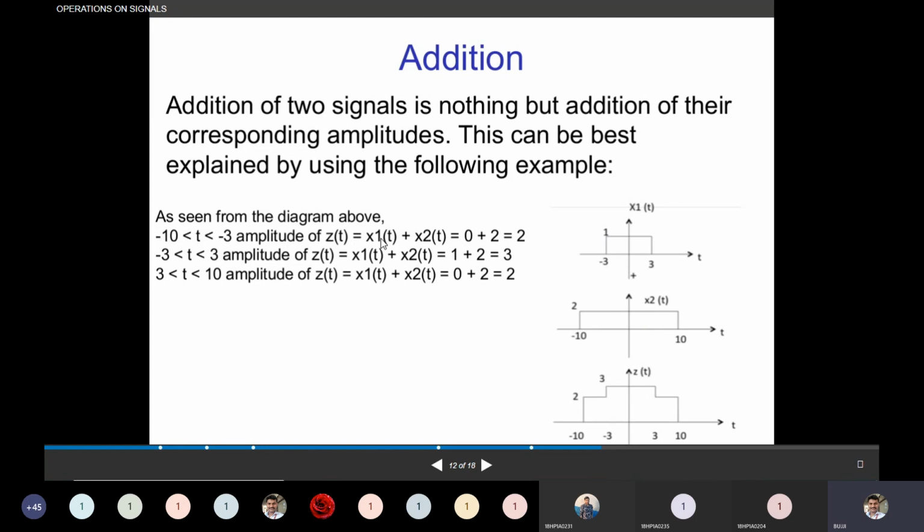From minus 10 to minus 3, the amplitude of the first signal is 0, plus 2 of the second, resulting in 2. Second is minus 3 to 0: 1 plus 2, 3. Similarly for 3 to 10: the first signal is 0, the second signal is 2, the total is 2 itself.